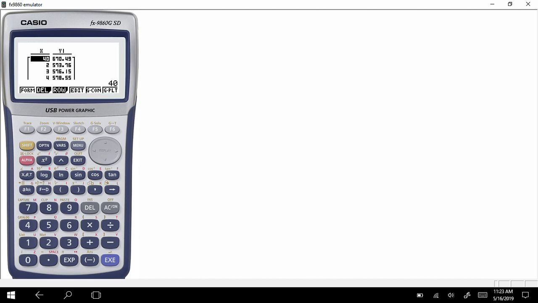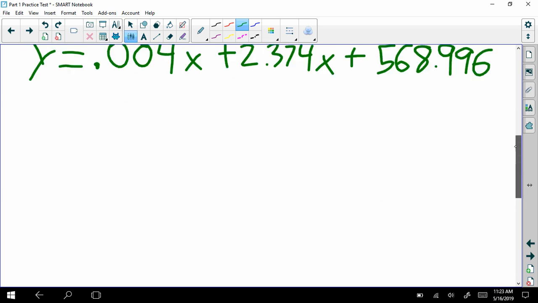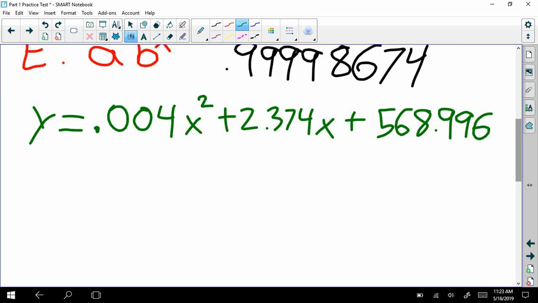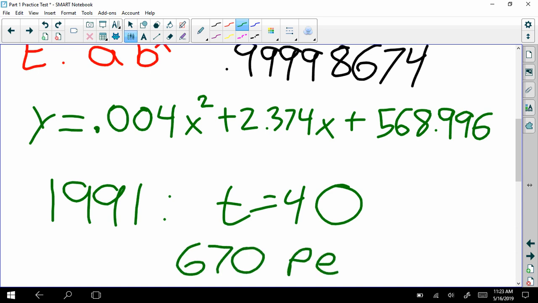That would round down to just 670. So I'm just going to write 670. So in 1991, which is t equals 40, we get 670 people.